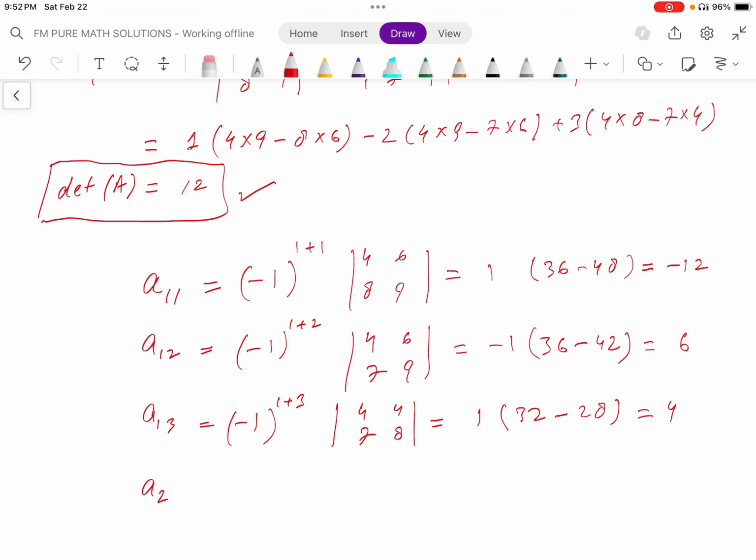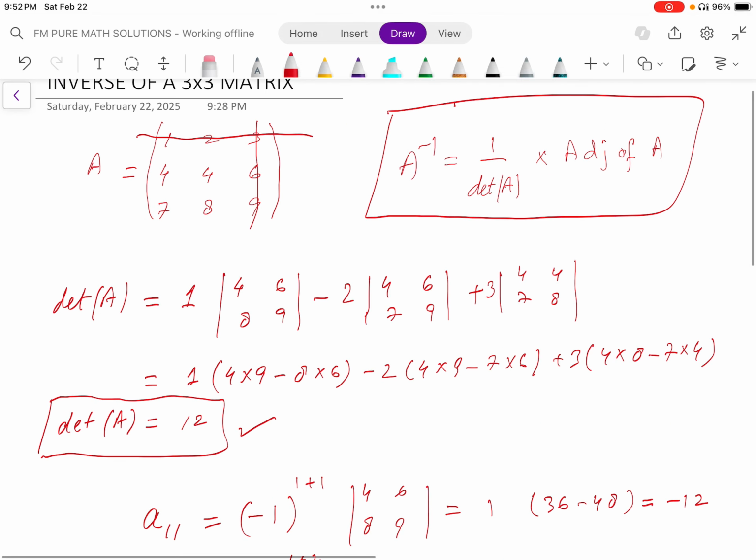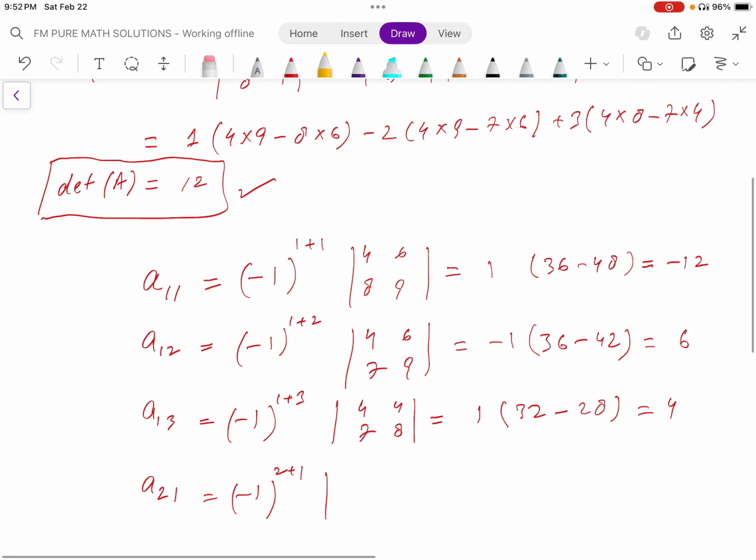Now second row, first column, -1 to the power 2 plus 1. So we go to second row, first column. The determinant left is 2, 3, 8, 9.